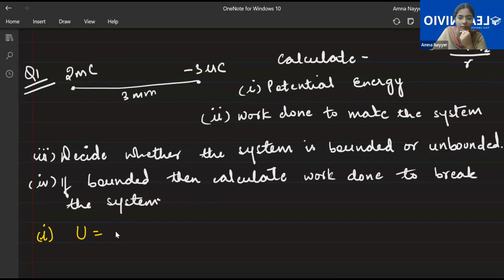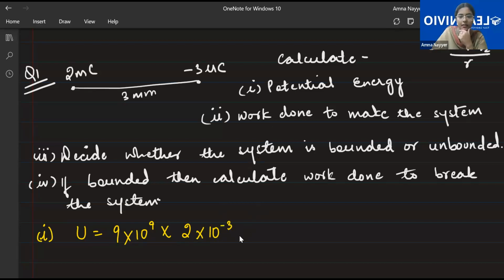1 by 4 pi epsilon. No, not that. 9 into 10 to the power 9. Ali, what should we put for Q1? 2 into 10 to the power minus 6. Oh, minus 3. Minus 3.